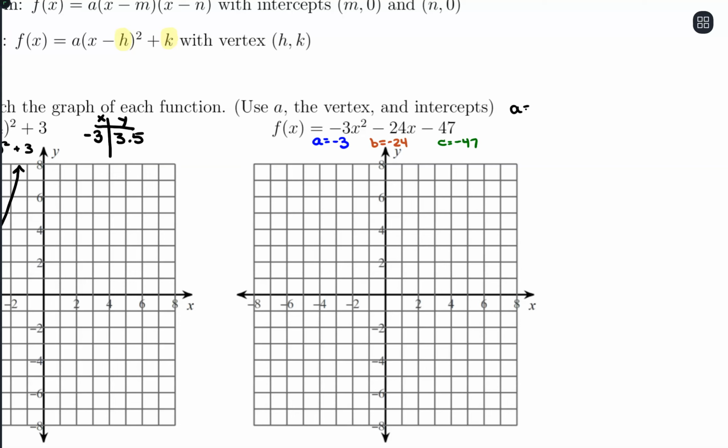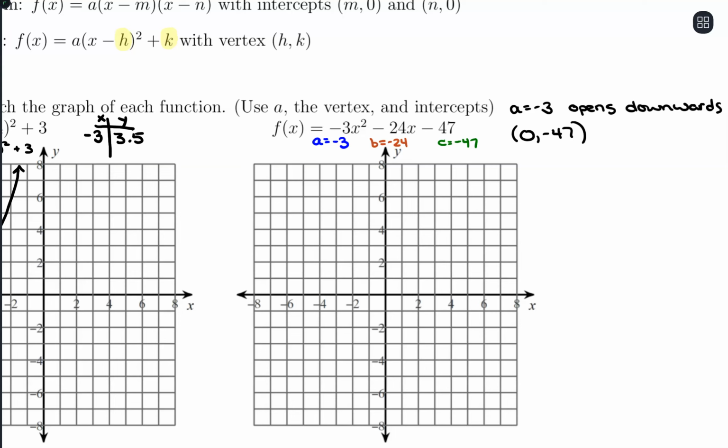Since A is -3, it's negative, which tells me it's opening downwards. That gives me a general shape to follow. We're going to have the coordinate (0, -47), which is way off the page, so we have our y-intercept there that I don't think we'll be able to graph.